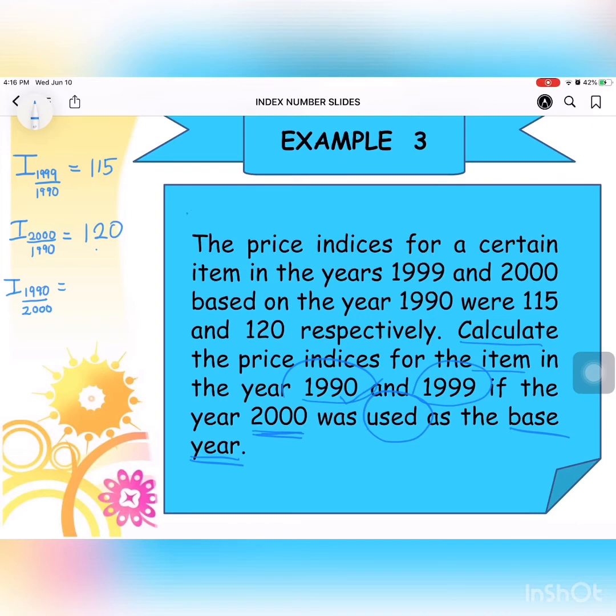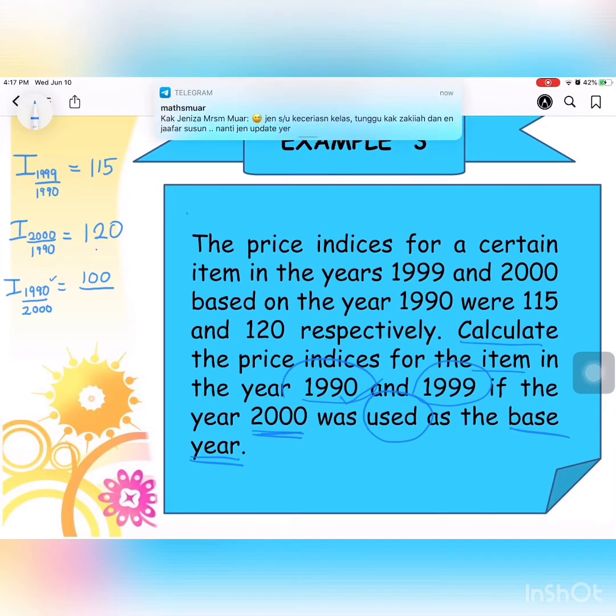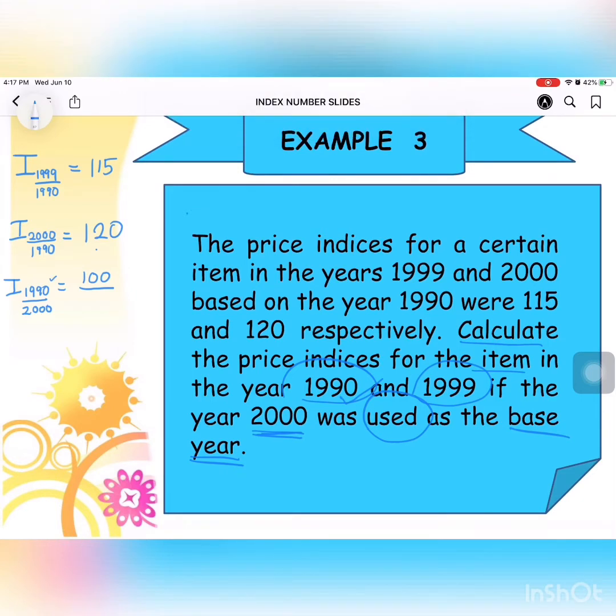In this case, we have to switch the position. So 1990 now is the numerator and 2000 becomes the base. So we take this as 100 because the price at 1990 does not change. So we say that it's 100 over 120 times 100.